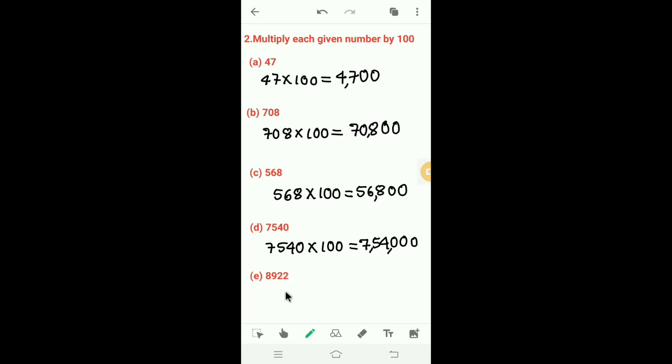Next E1, 8,922 into 100 is equal to, write the given number as it is, 8,922 and write 2 zeros at the end of the number. So the answer is 8,92,200.